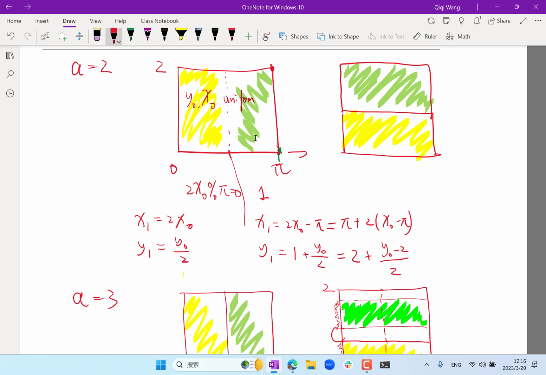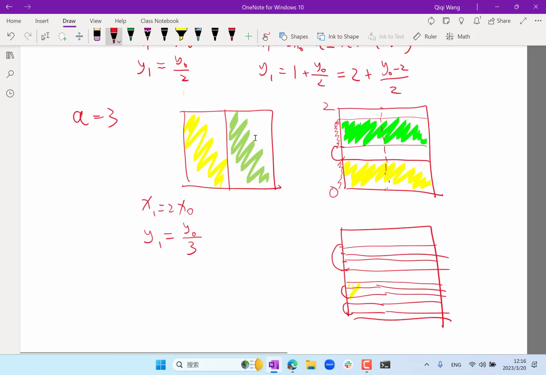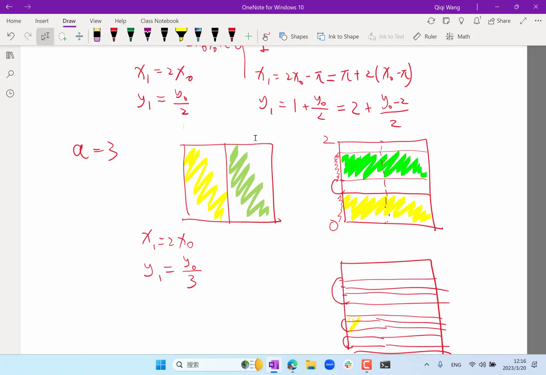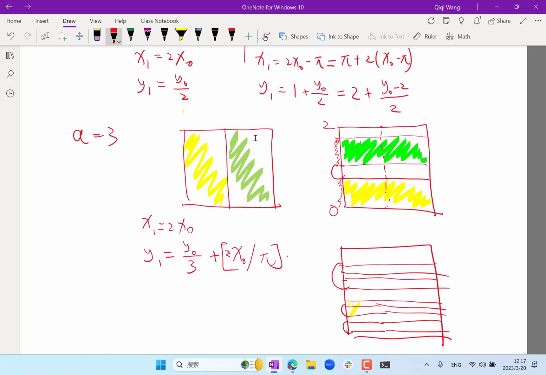So instead of having, when a is equal to 3, y1 equal to y0 over 3 plus the integer part of 2x0 divided by pi, I'm going to multiply this with a number such that the upper end of the green part coincides exactly with 2.